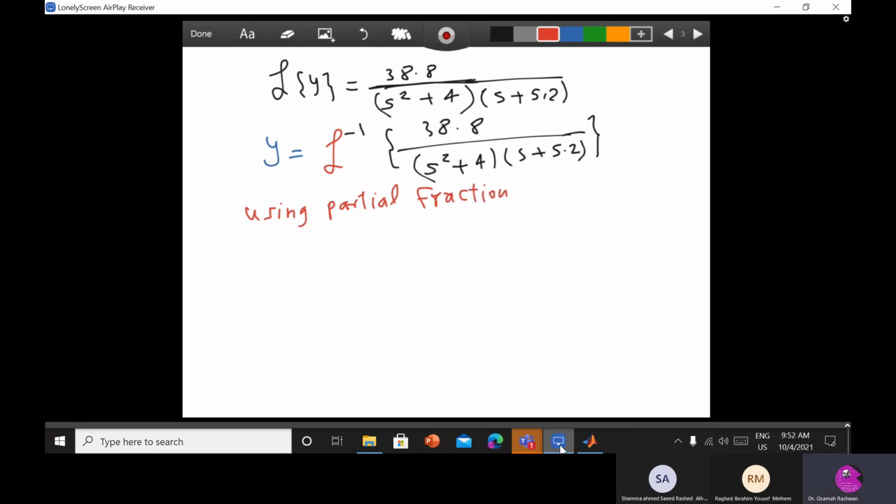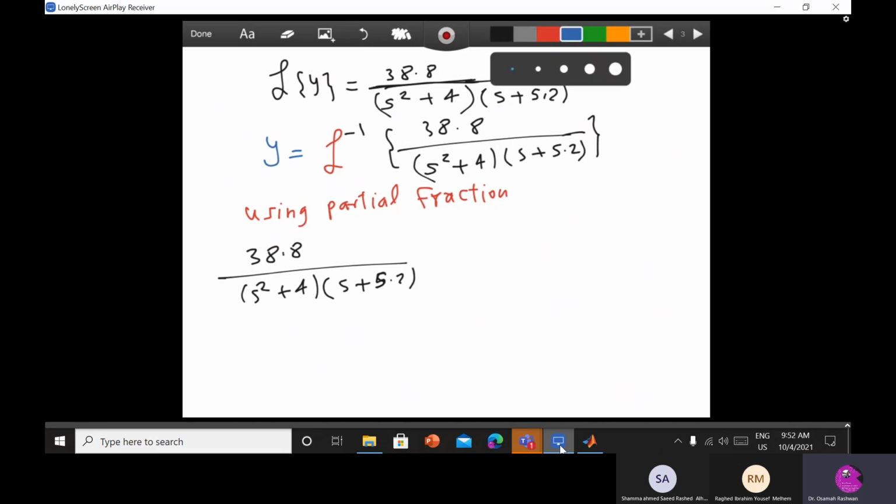How to do the partial fraction for this one? 38.8 over s squared plus 4 times s plus 5.2. How can you do this one? Yes, for the second degree, I should have a first degree in the numerator.